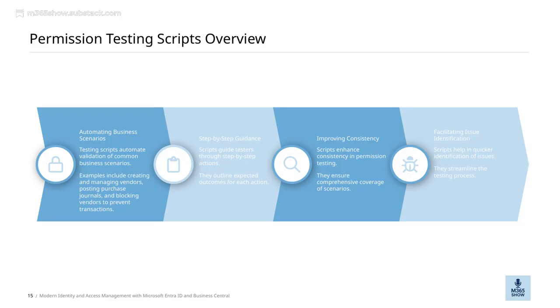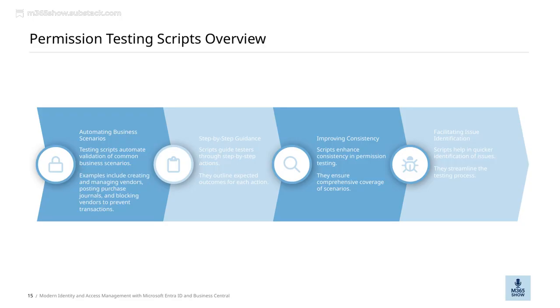Furthermore, these scripts act as a step-by-step guide for testers. They walk through each action, outlining what should happen at each stage, which makes the testing process clearer and more organized. And an added benefit is automation. These scripts can automatically validate common business scenarios.